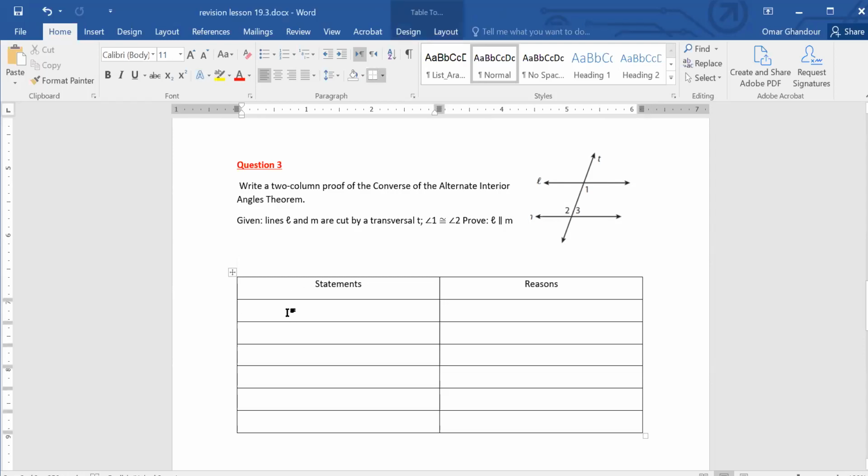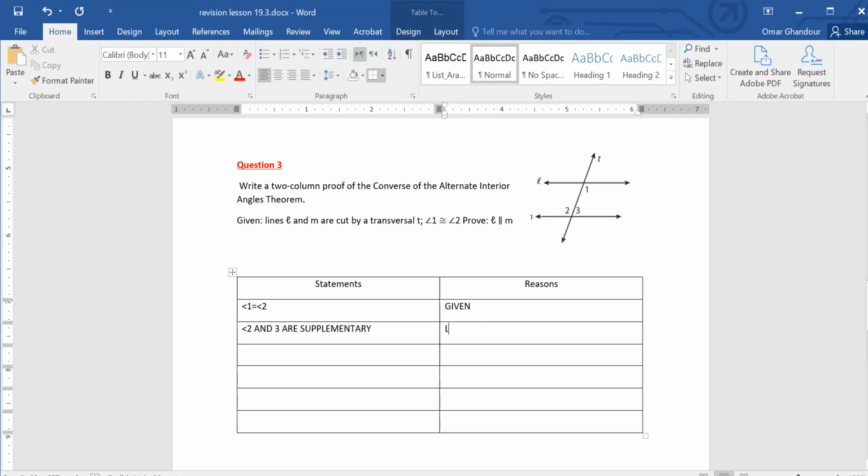Let's write this together. First of all, I don't need to write the lines. I will begin with angle 1 is congruent to angle 2 because this is given. And then angle 2 and angle 3 are supplementary.